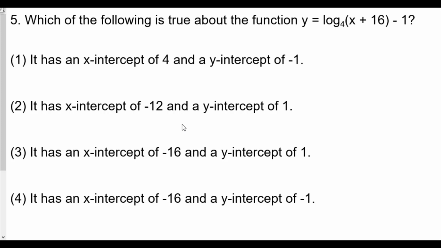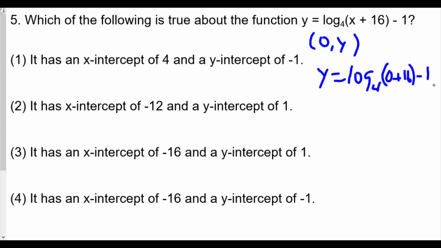And so let's take a look here. Let's begin with our y-intercept, 0, comma y. And we have that y is equal to log base 4 of 0 plus 16 minus 1. And so here we have log base 4 of 16 minus 1. We'll evaluate this part here.